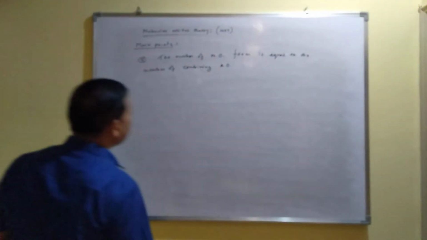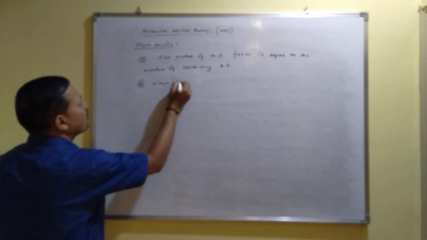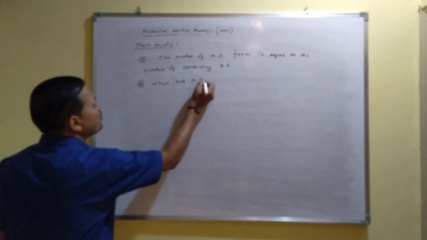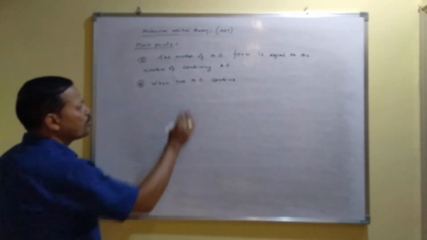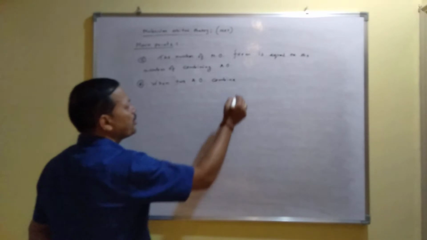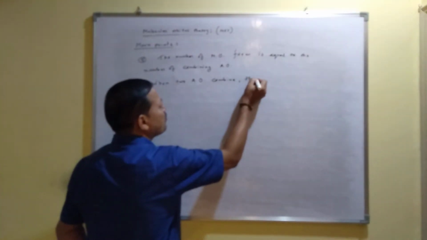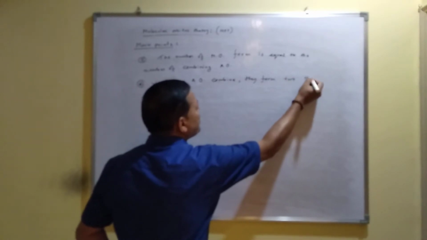Now number 6 point, when two atomic orbitals combine, they form two molecular orbitals.